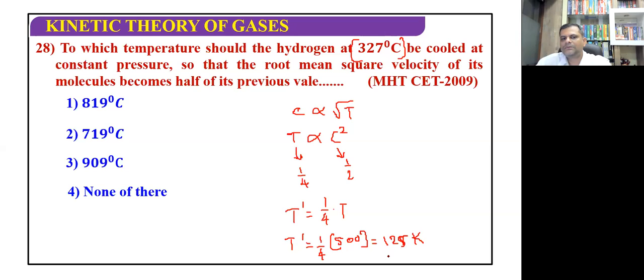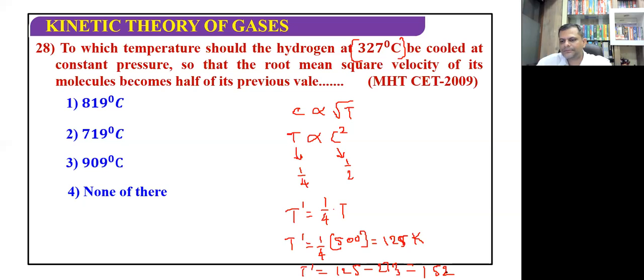If you want it in Celsius, तो कितना आएगा? T dash will actually be 125 minus 273, which happens to be 152. करेक्ट है?